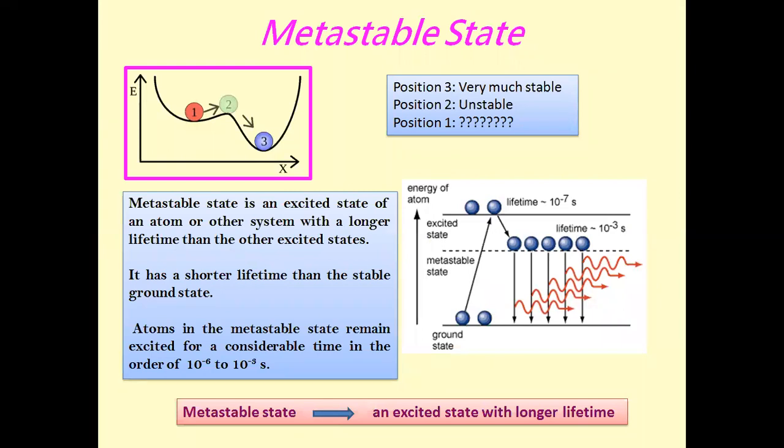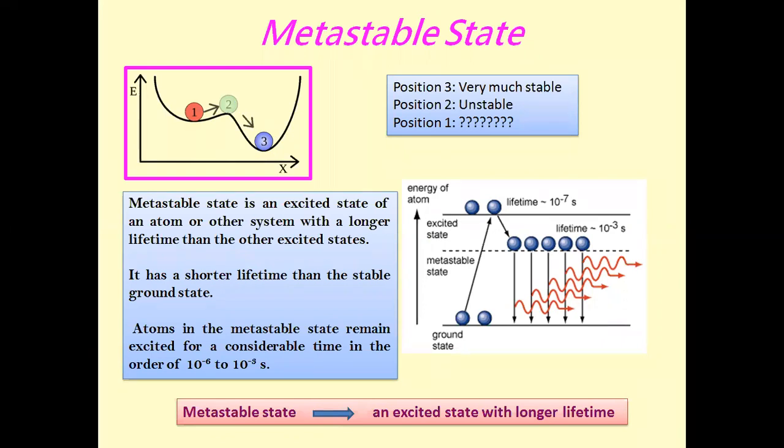Now we will discuss about metastable state. Look at the picture. There are 3 positions. Position 3 is very much stable. Now position 2 is totally unstable. So what about position 1? It is neither so stable nor unstable. This can be defined as metastable.